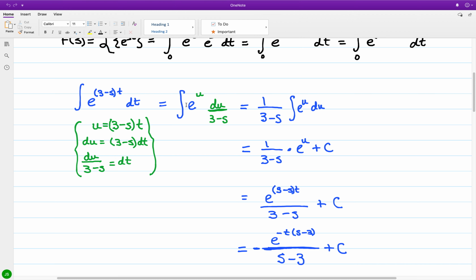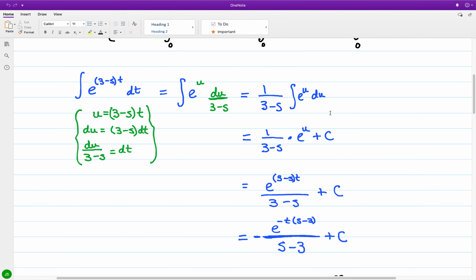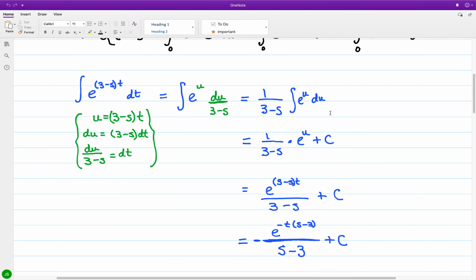Substituting, we have e to the u times du over 3 minus s, shifting the reciprocal of 3 minus s out to the front of the integrand. Now we have the integral of e to the u du. With back substitution, the initial formation of the antiderivative is e to the quantity of 3 minus s times t all over 3 minus s, followed by the constant.